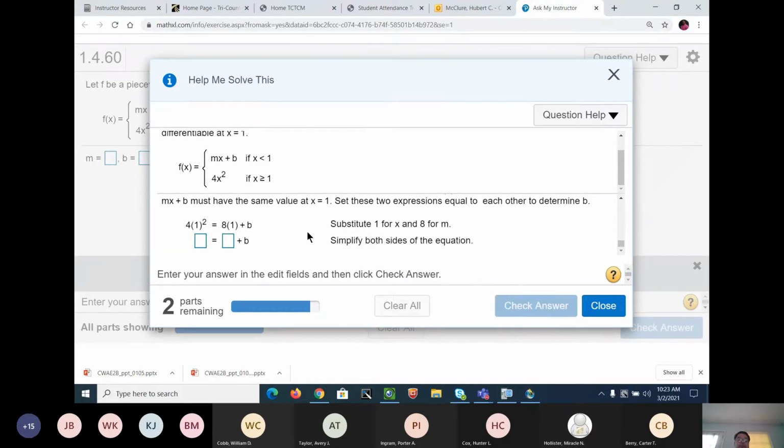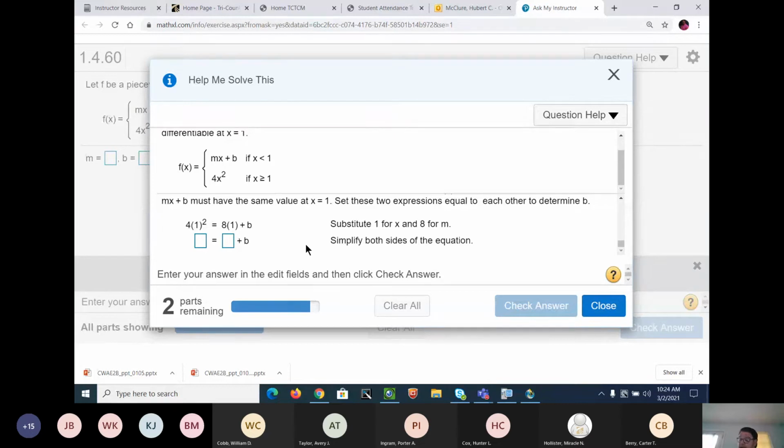Therefore, 4x squared is equal to mx plus b, and 8 is equal to m. So you plug in 1.